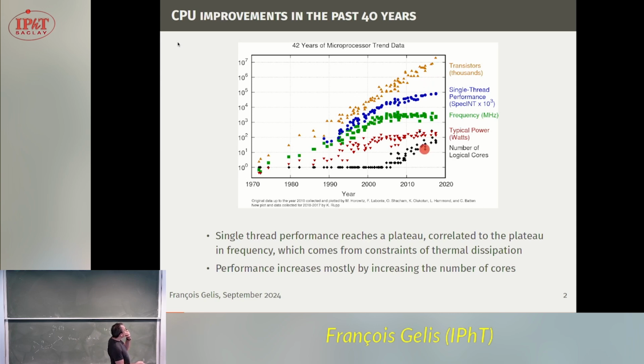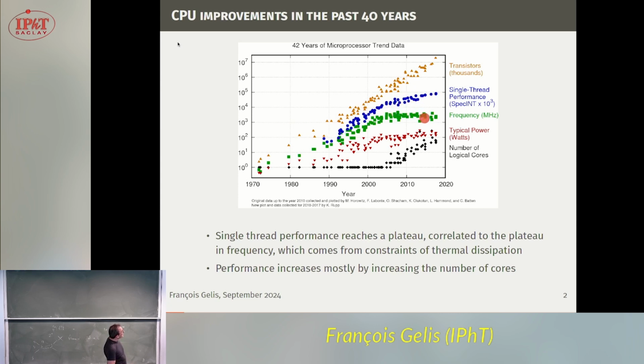And you see that, for instance, the blue dots measure the performance of a single computing core, and its evolution with time, and you see that it's kind of reaching a plateau in the last 10-15 years. It's not growing very fast now compared to what it was doing 30 years ago.